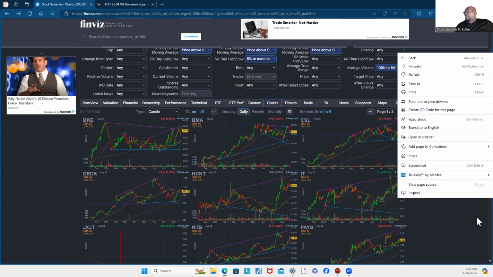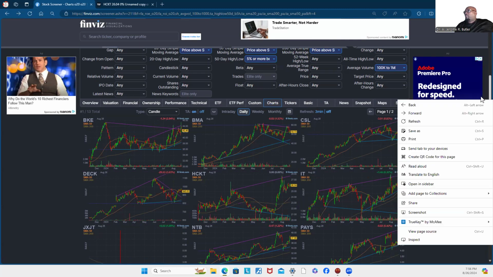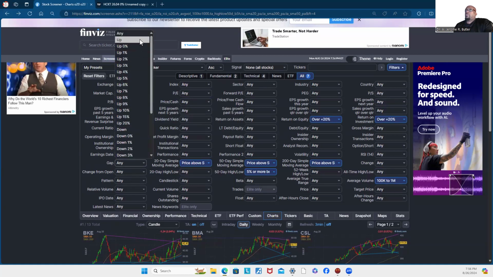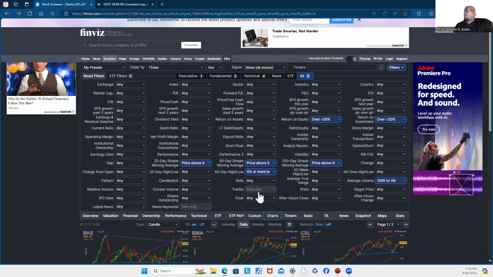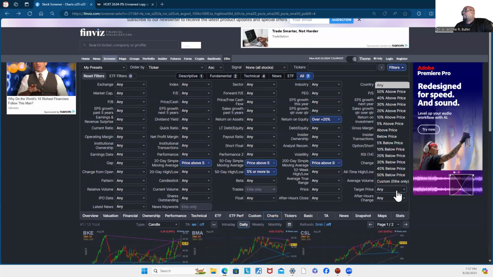As you go through and find that perfect setup, the other side of this is we've got market cap. If we were going for gap ups, you could go for a percentage of gap ups. Also, price target.